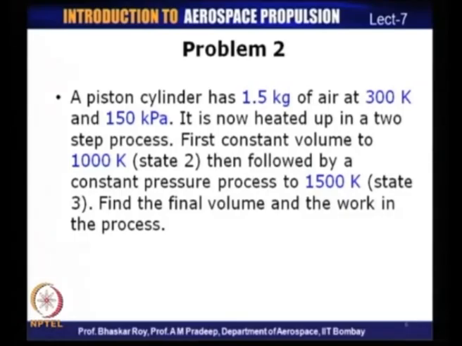After the first process, at the end of which it reaches state 2, the second process is a constant pressure process wherein the system is taken to a temperature of 1500 Kelvin, the pressure remaining the same. So, we are required to calculate the volume at the final state, that is state 3, and the work done during this process.